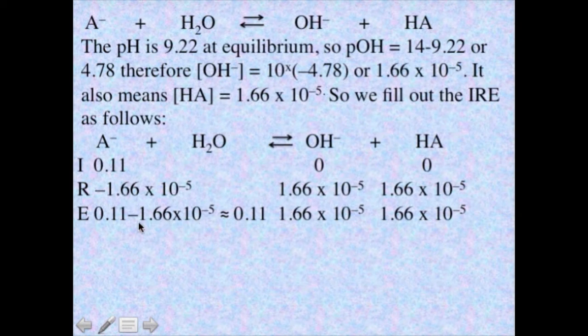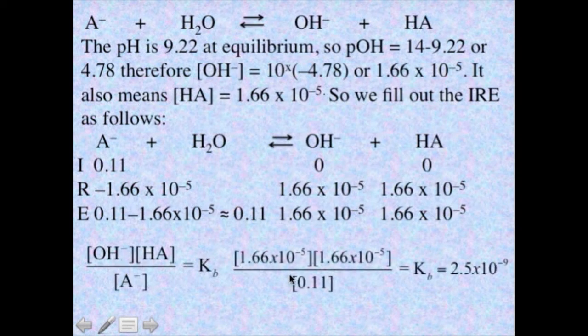Again, the amount that ionizes is very, very small compared to 0.11, so we say that the amount that ionizes is negligible compared to the 0.11. Now we're able to set it up with the mass action equation and plug in the values to get a Kb of 2.5 times 10 to the minus 9.